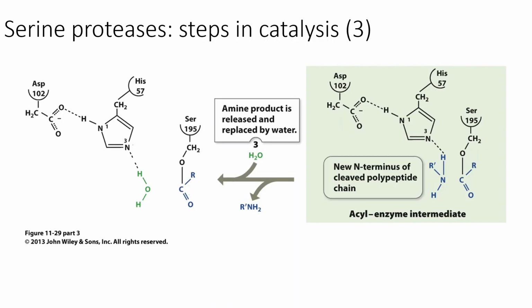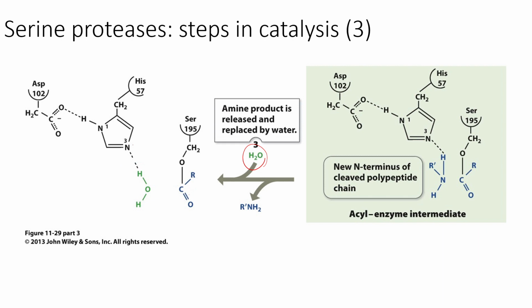So what happens next? Next we have, like I mentioned, this release of the amino terminal product, and now that it floated away, a water molecule is able to float into the area where this catalytic triad is.